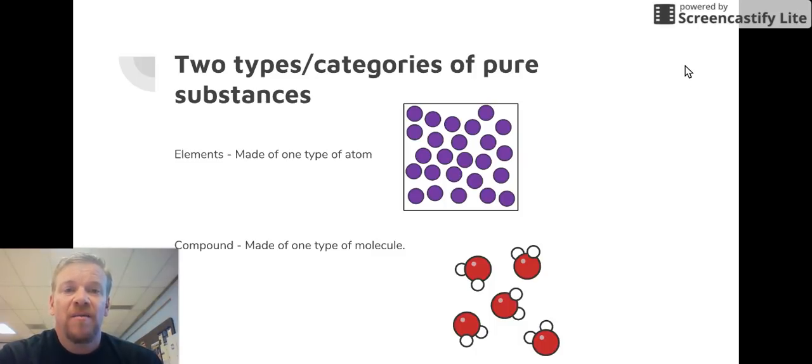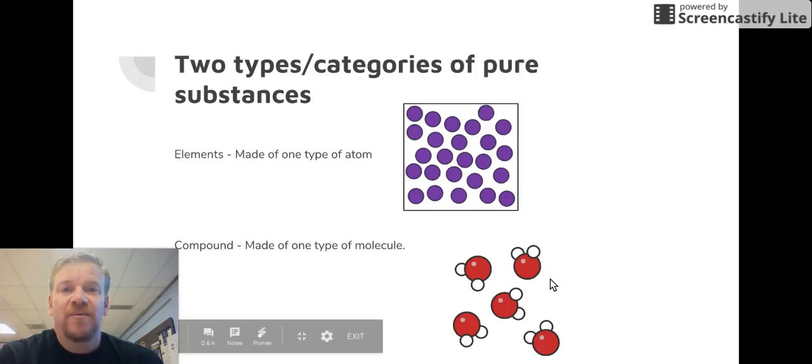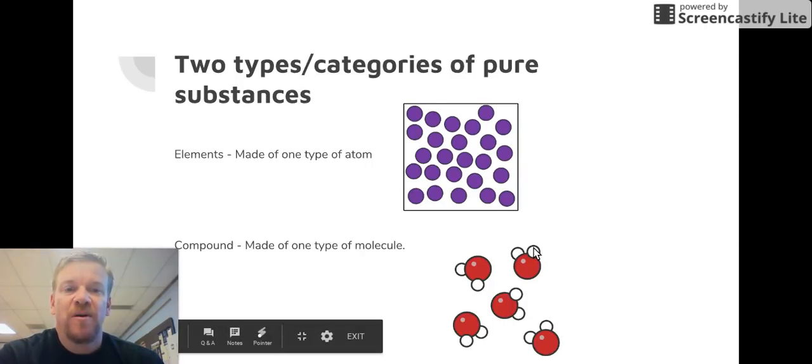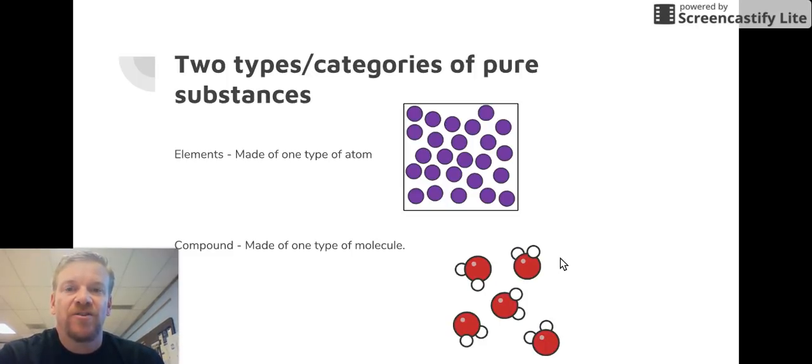Now, compound oftentimes will get confused with a mixture because we're talking about two or more different substances. Here's the difference. Here are examples of water molecules. The difference in a compound and a mixture is that, one, the two different types of particles in a compound are chemically combined. There are chemical bonds that are holding the oxygens and the hydrogens together. Also, the ratio of hydrogen to oxygen in a compound never changes.